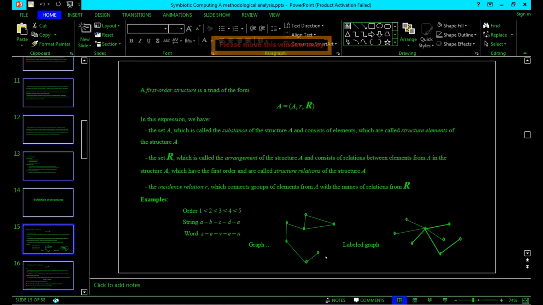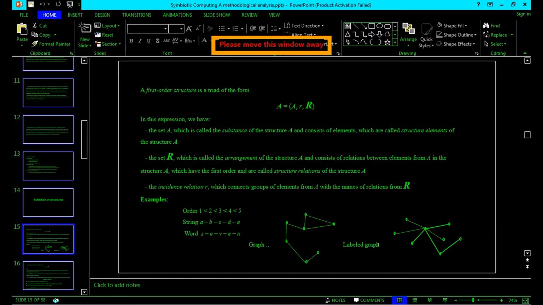Another example is a graph, where elements from the substance are nodes or vertices of the graph, and relations are edges of this graph.